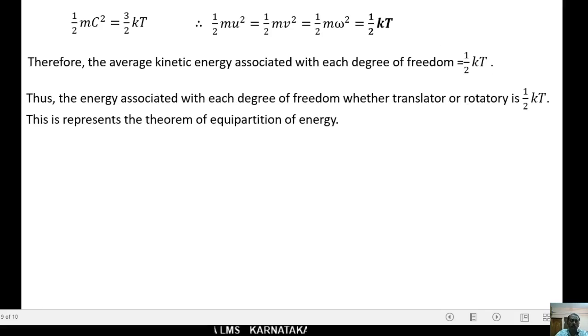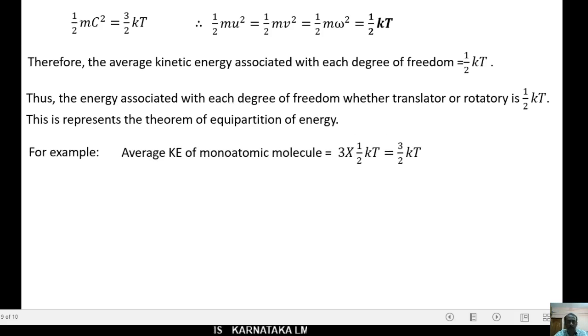Thus, the energy associated with each degree of freedom, whether translatory or rotatory, is 1/2 kT. This represents the theorem of equipartition of energy. Hence the energy is equally distributed, that is 1/2 kT.